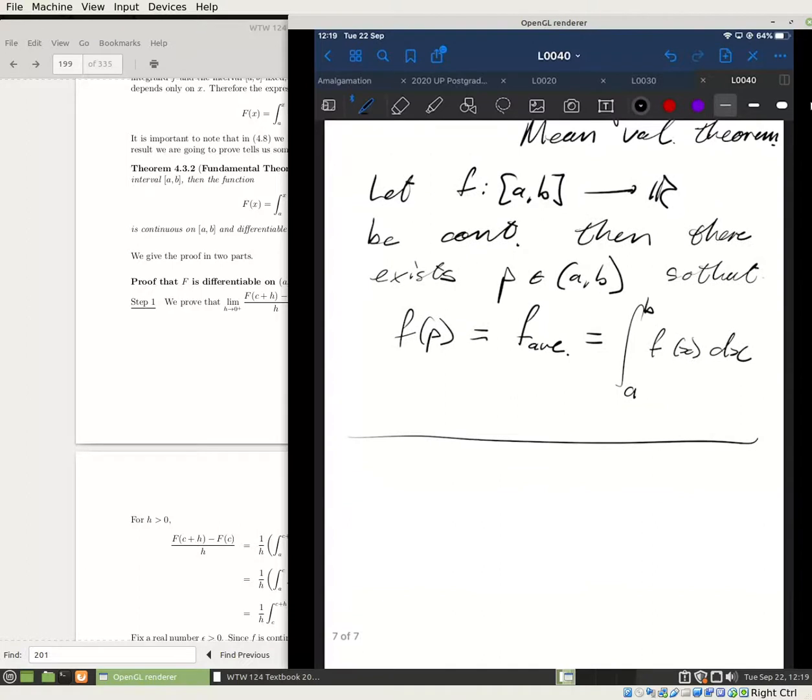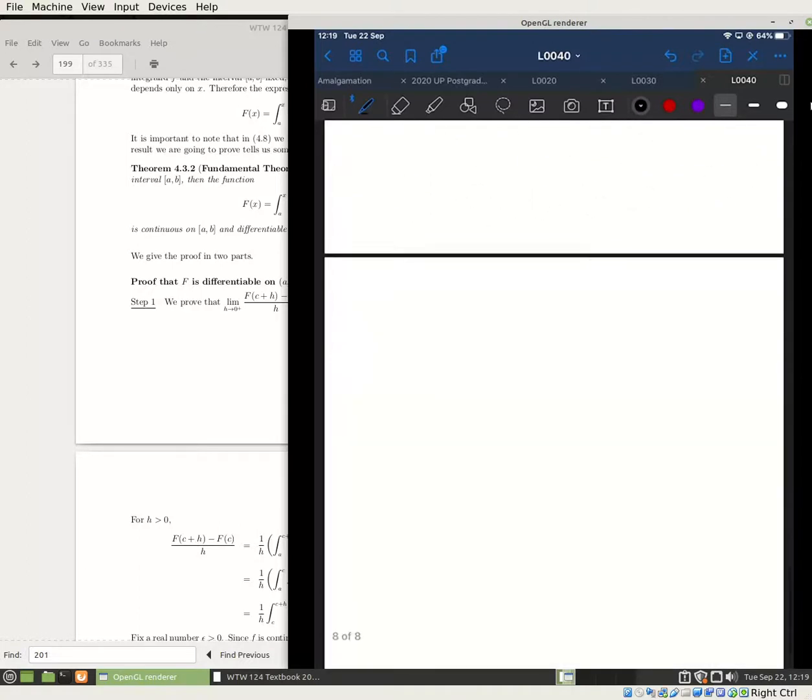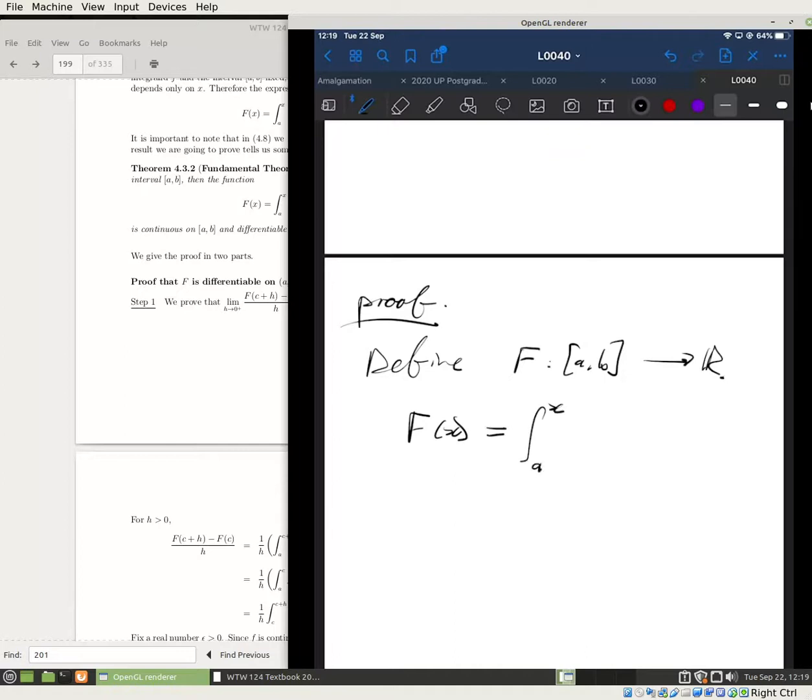Okay, and let us prove this. So, proof. Let us define big F on the interval AB. And how do we define big F? We define it as the integral from a to x of little f t dt, with x in the closed interval AB.